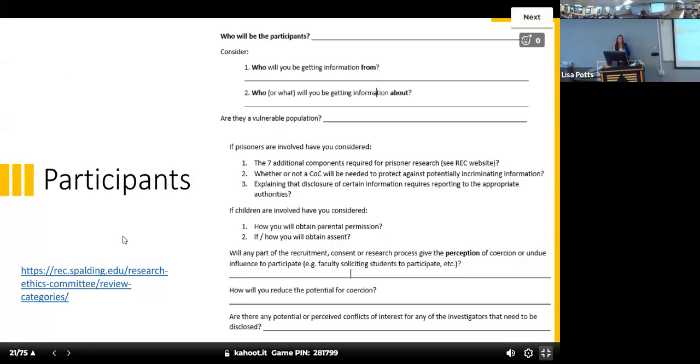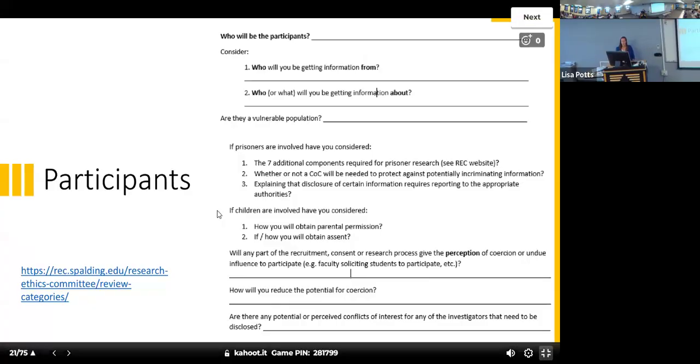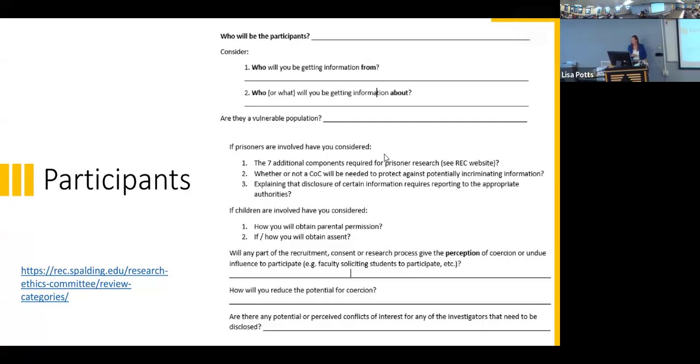All right, so this is part of that worksheet, which goes a little bit into the vulnerable population piece. I do have some slides going into what those different populations might look like. But you have to think about who you're getting the information from, what that information is going to be about, and whether they might be a vulnerable population.